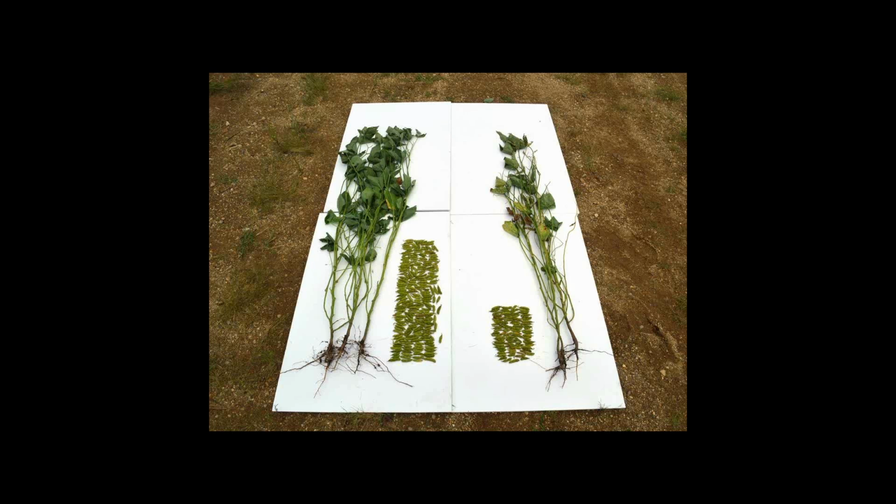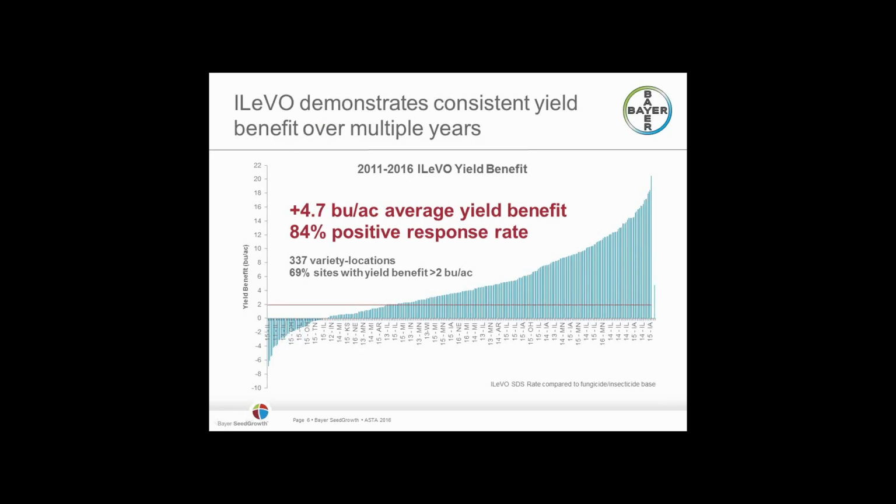So we've done a fair amount of testing with this, and Jason has been a big part of this over the years, with a number of university scientists and private cooperators, trying to basically get at what is the average response with Alivo. And so I wanted to show this graph.